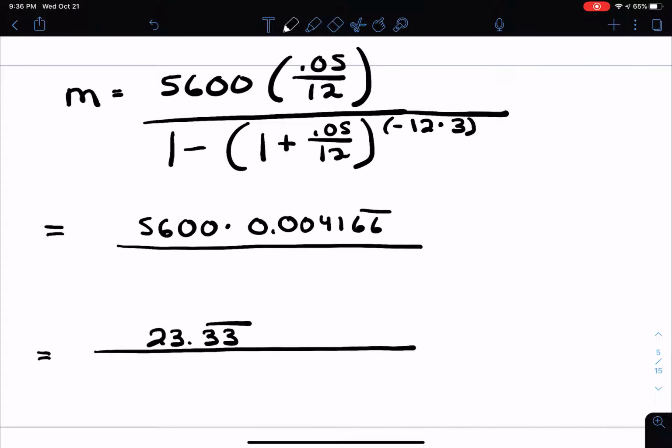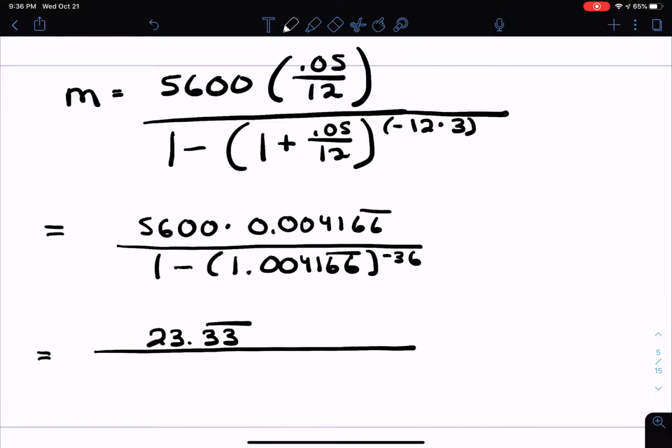You know, with these big fractions like this, you want to simplify the numerator and simplify the denominator, then divide the final results. So in the denominator, I had the 0.05 over 12 again. And if I'm adding 1 to that, basically, I just have 1.004166. The 6 is repeating. And 3 times 12, negative 36 power.